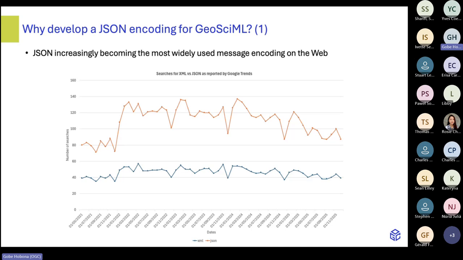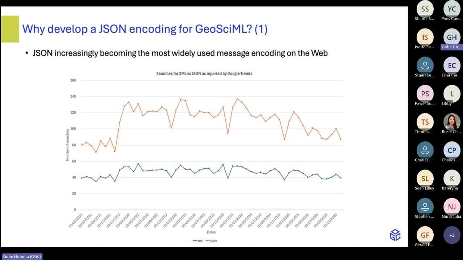In terms of the axes, with XML it's been about 40 or so queries every 2 months on the left-hand side, whereas with JSON it was about 80 queries. And then the number for JSON shoots up around November 2021, reaching about 130 every 2 months or so.